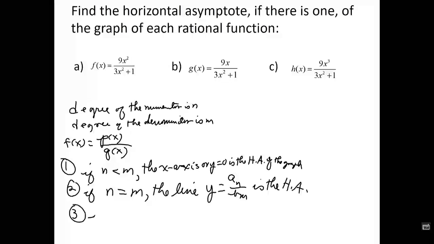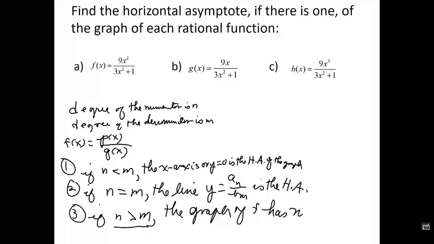And if n is greater than m, the degree of the polynomial function in the numerator is greater than the degree of the polynomial function in the denominator, then we say that the graph of the function f has no horizontal asymptote.